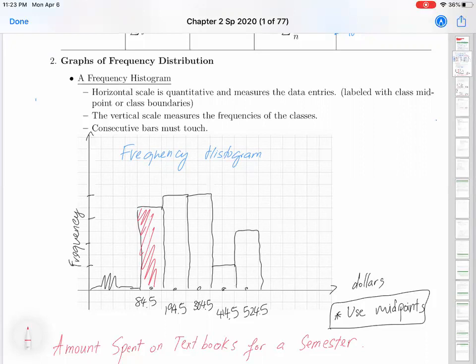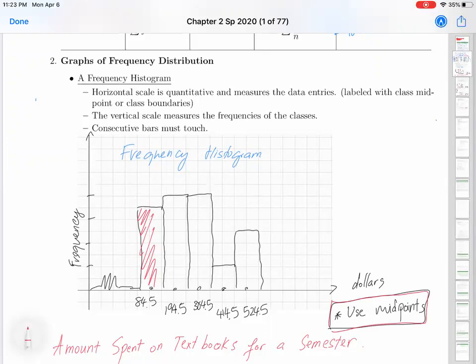So the horizontal scale is quantitative and measures the data set, the data entry. The data entry is here, right? And for the label of the horizontal scale, you can use either midpoints or class boundaries. In this example, I use midpoints for horizontal scale labeling.